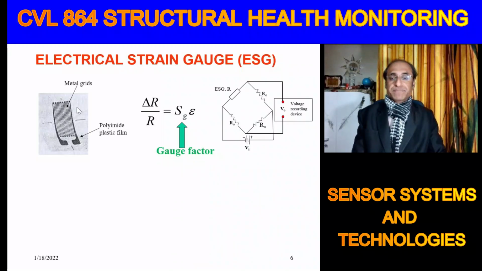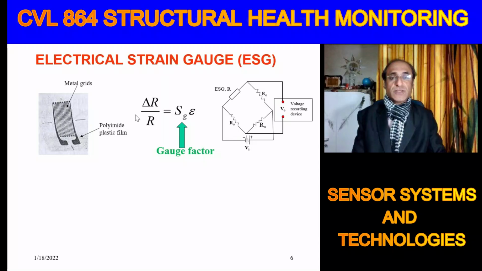So basically this is bonded on the top of the surface of the component which we are choosing for measuring strain. So if the member is undergoing some strain, naturally these grids will also undergo strain.